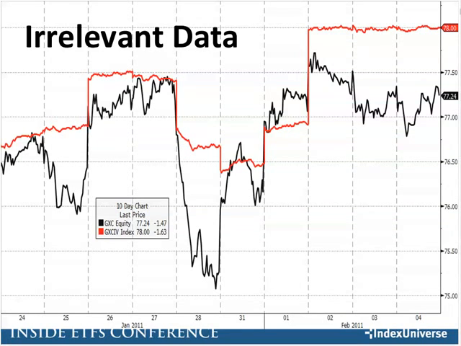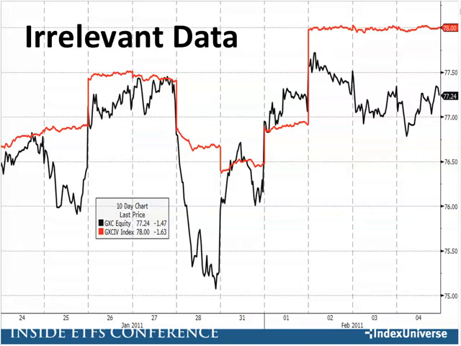The way people calculate and report premiums and discounts is to compare the closing price of the ETF at 4 o'clock in the afternoon when the market closes with the net asset value of that ETF's underlying portfolio. Now, this can work great when we're talking about something like SPY, the S&P 500 Spider. The fund closes at 4 p.m. and every single thing in that fund also closed trading at 4 p.m. You can make a very clear apples-to-apples comparison.